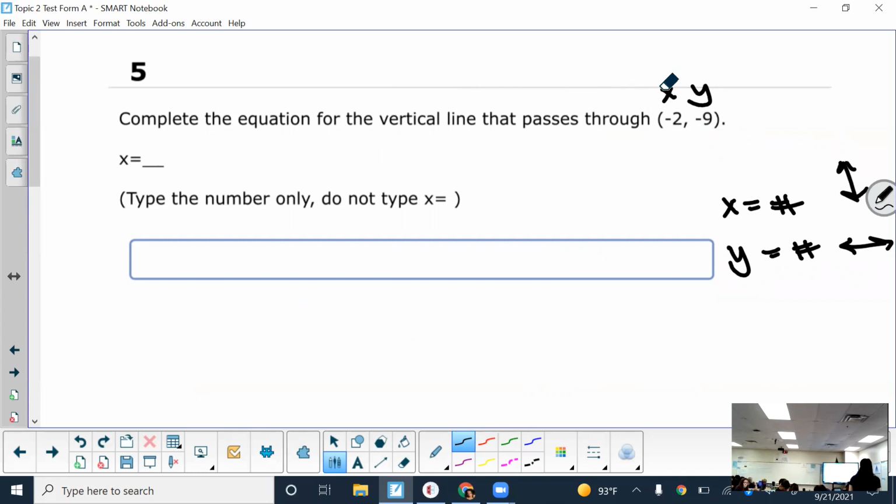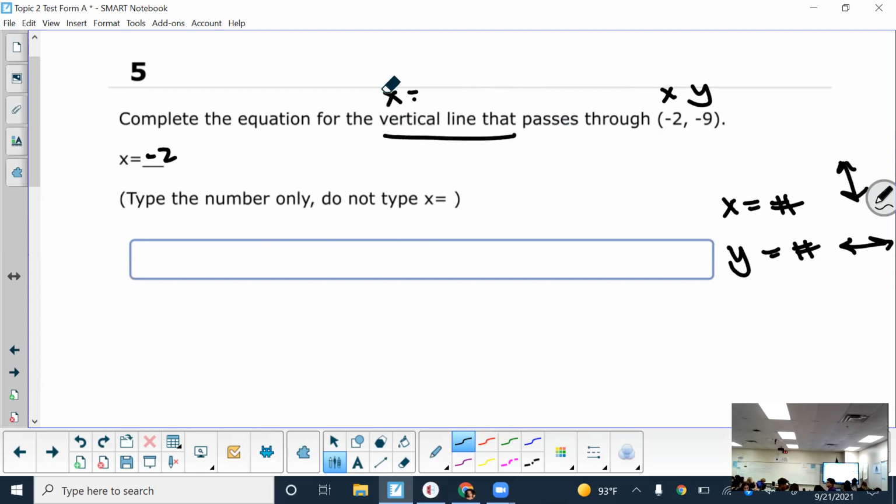So for this one, it's going to be x equals -2. All right, because the rule is for vertical lines, all the x values are the same. That's why it's x equals this number. For horizontal lines, all the y values are the same. That's why it's y equals a number. So just look at your point.